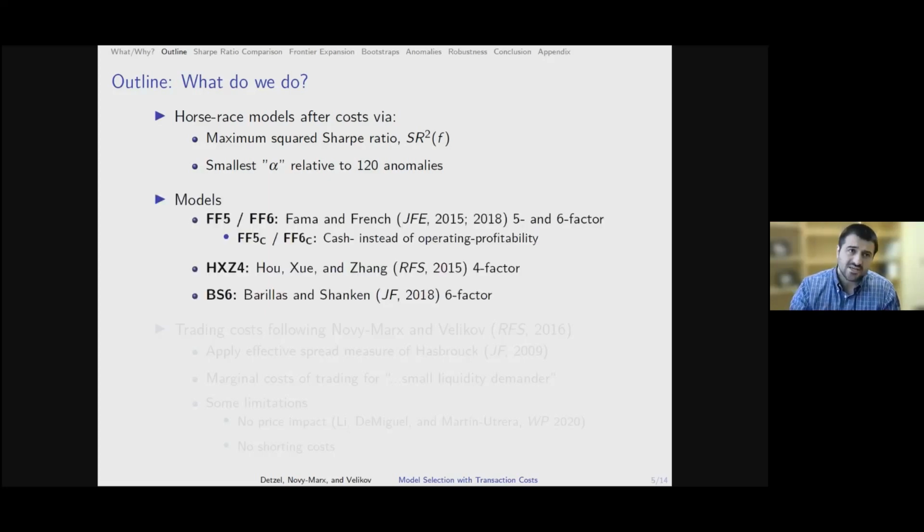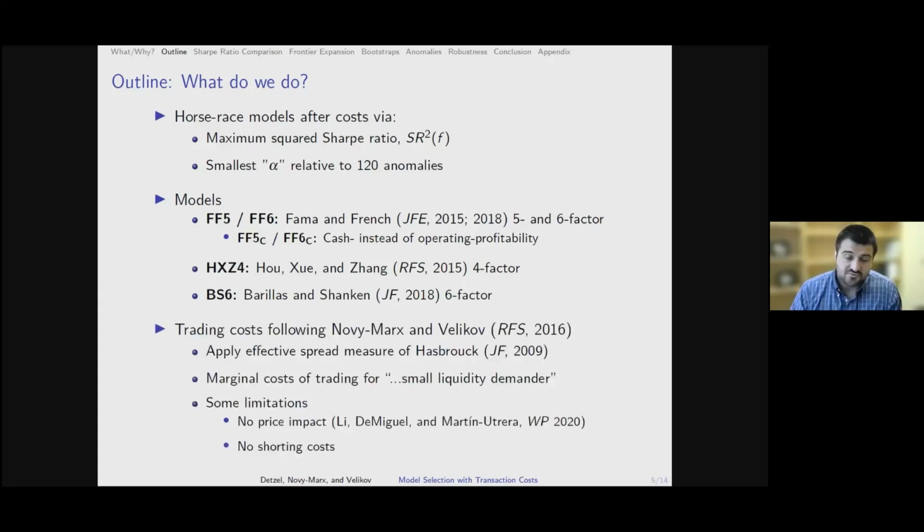The models we'll look at are largely based on Barillas and Shanken: the Fama-French 5 and 6-factor models, the Hou-Xue-Zhang 4-factor model, and the Barillas-Shanken 6-factor model. We'll also look at a version of the Fama-French models that use cash instead of operating profitability, because there's a follow-up paper by Ball and co-authors that argues that cash profitability performs a lot better than operating profitability, and that's kind of what we see in our data as well.